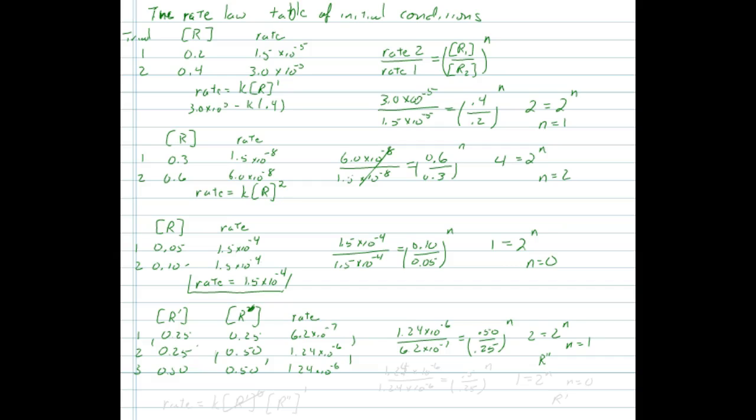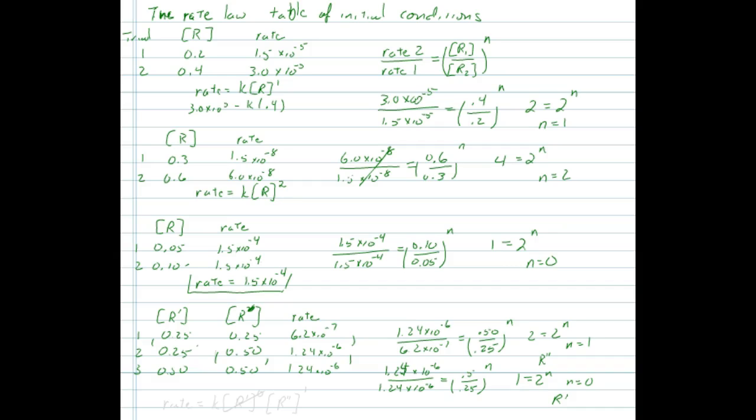So we'll work it out anyway. 1.24 times 10 to the negative 6 over 1.24 times 10 to the negative 6 equals 0.5 over 0.25 to the n. 1 equals 2 to the n. N equals 0 in R prime.